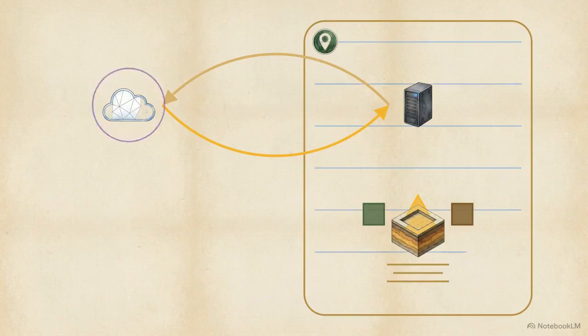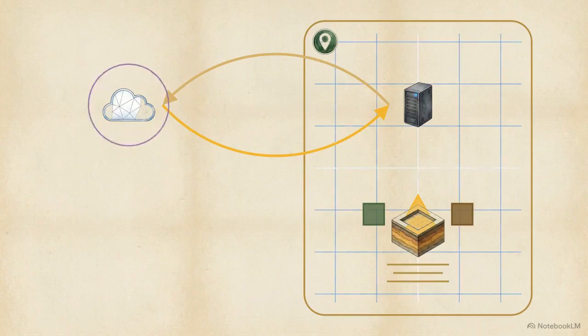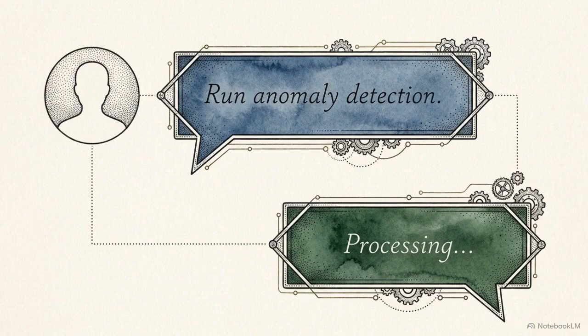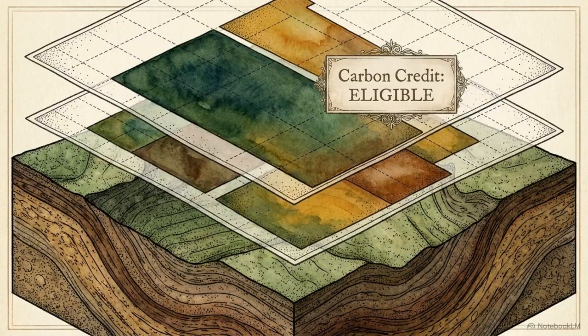This creates a hybrid workflow. QGIS enforces the strict mathematical reality of the map, while an AI like Claude executes complex conversational logic over the data. An analyst can ask the model to identify fields exhibiting severe water stress, and then cross-reference those specific polygons against current carbon credit feasibility metrics.